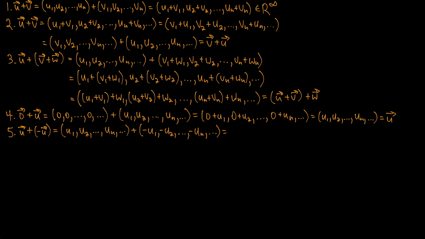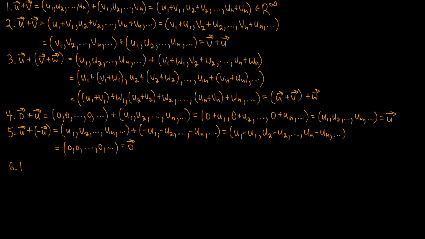Basically the same thing we'd be doing for Rn. So when we add these, we get u1 minus u1, u2 minus u2, etc. Okay, but that's just going to be the 0 vector, right? Just get tons of zeros. Okay, so that's satisfied.